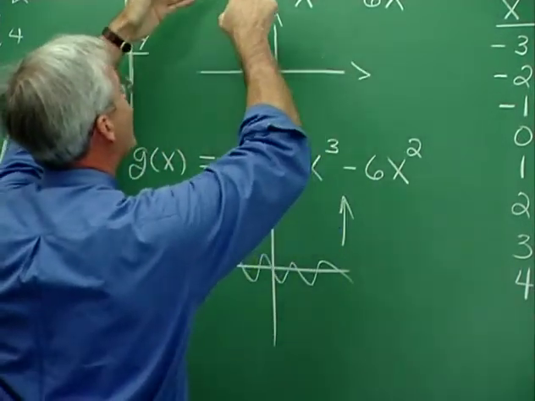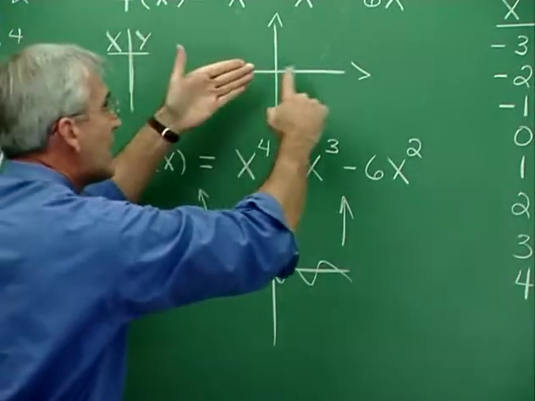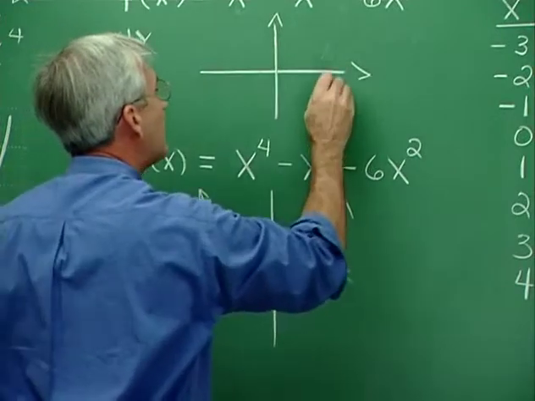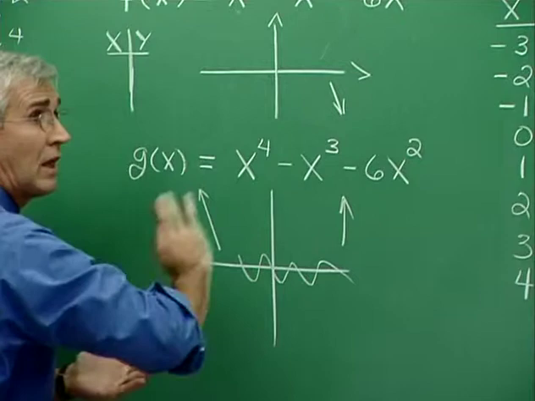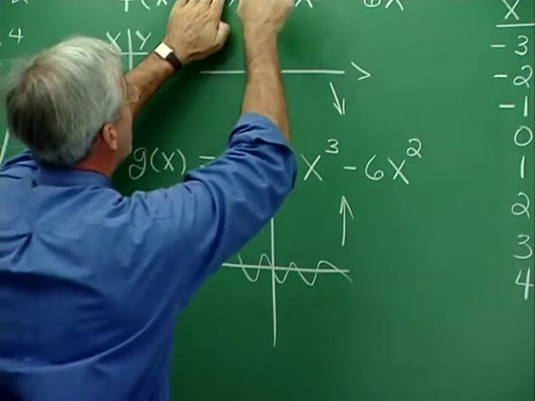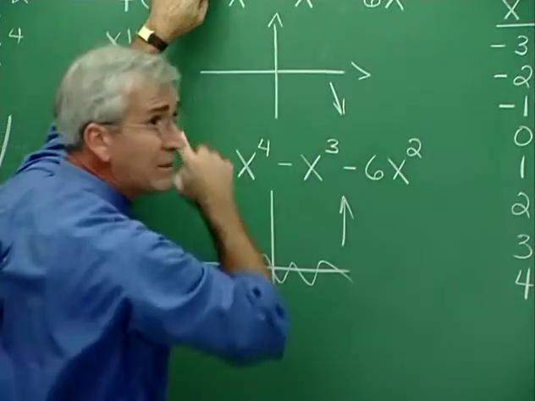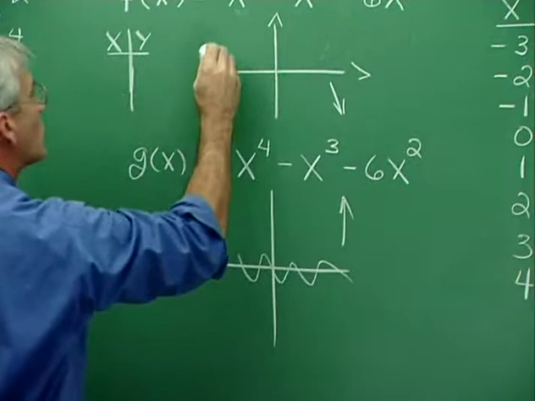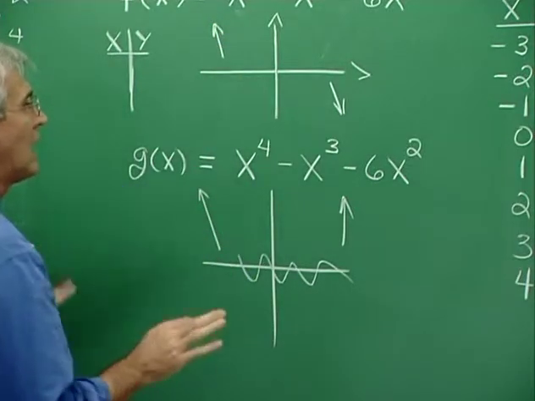But the negative of that big positive number is negative. So as x gets big positively, f of x is getting big negatively, and the graph goes like this. On the other hand, if x is a big negative number, a negative number cubed is negative. But here's the opposite of that negative number. That's positive. So as x goes this way, f of x goes this way. So that's how you analyze these things.